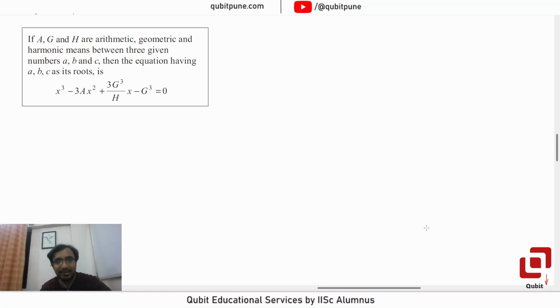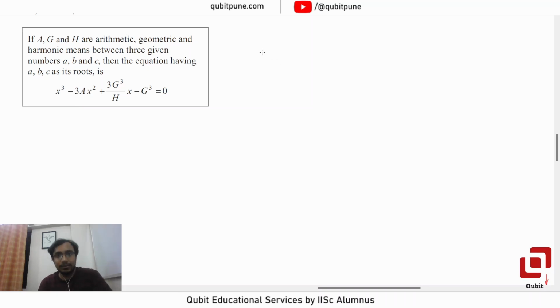So this basically tells us that if we know the arithmetic, geometric and harmonic means, by putting those in this equation and solving it for x, we can actually get the numbers.